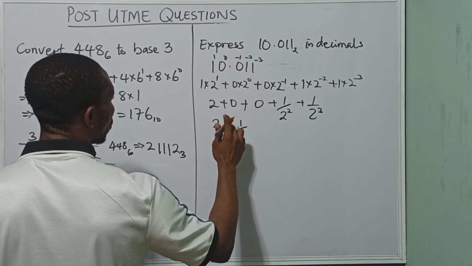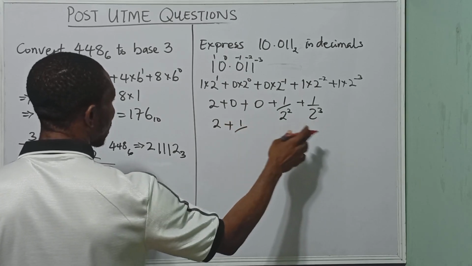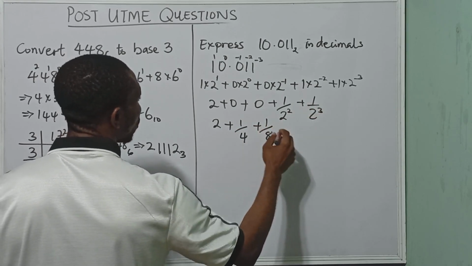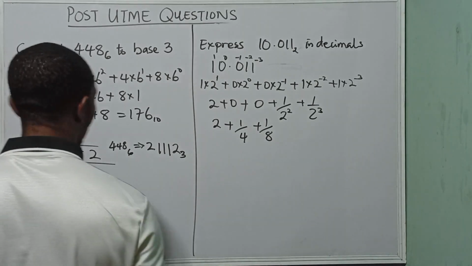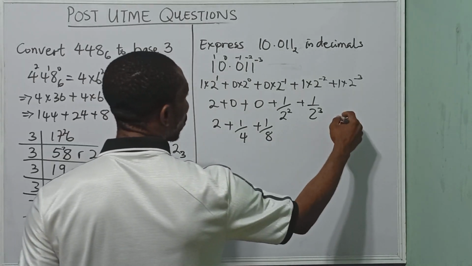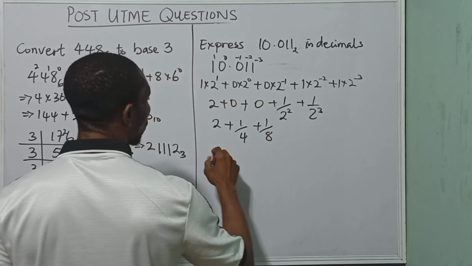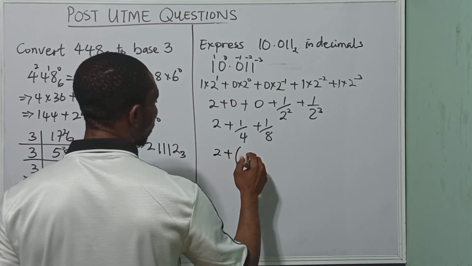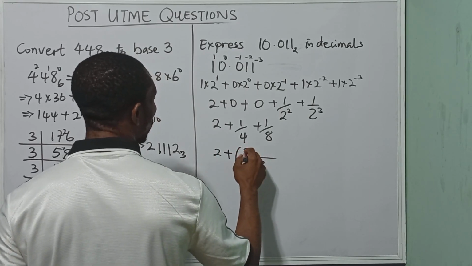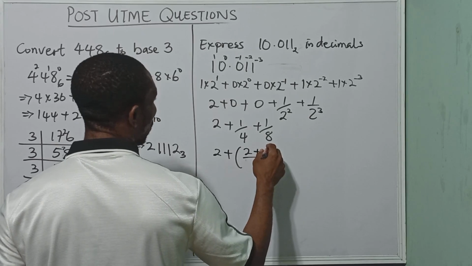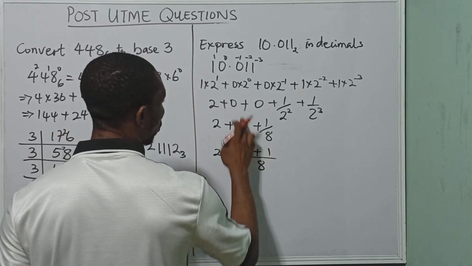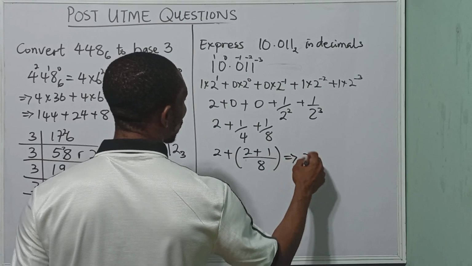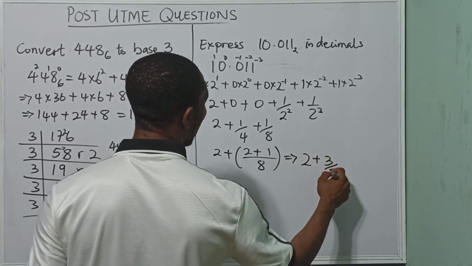Remember this is a decimal, so we are going to work on it as a separate fraction. 1 over 4 plus 1 over 8: our LCM will become 8. 4 into 8 is 2, 8 into 8 is 1. So this becomes 2 plus 3 over 8.